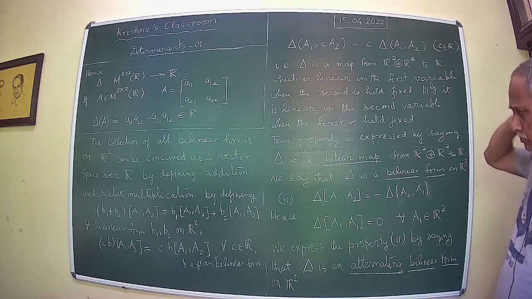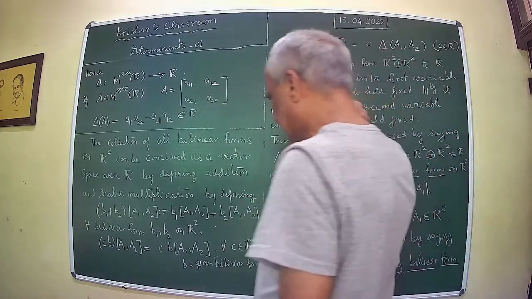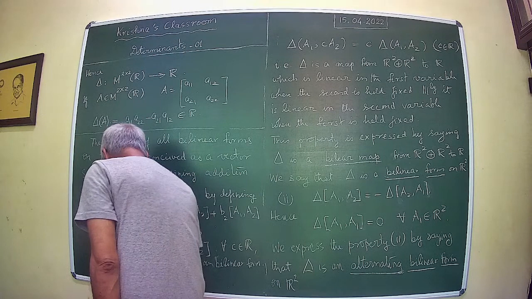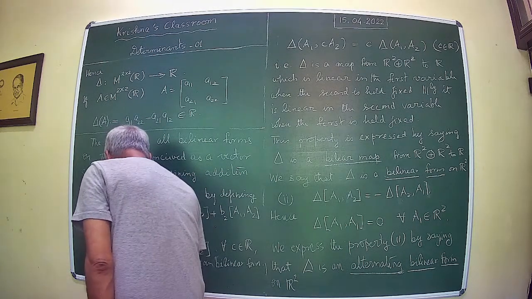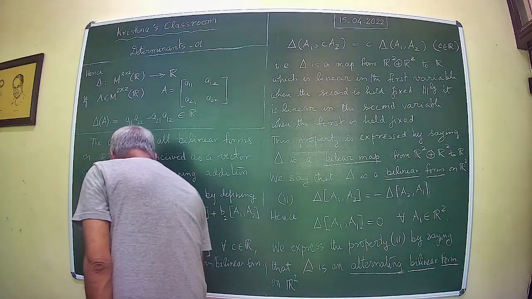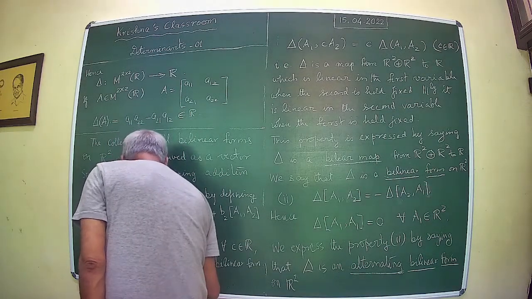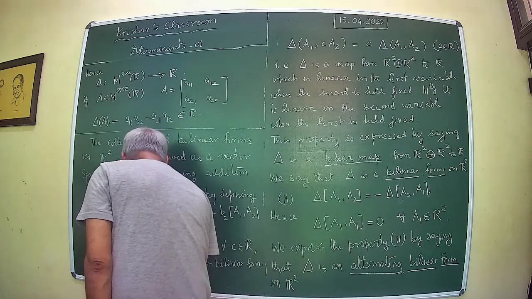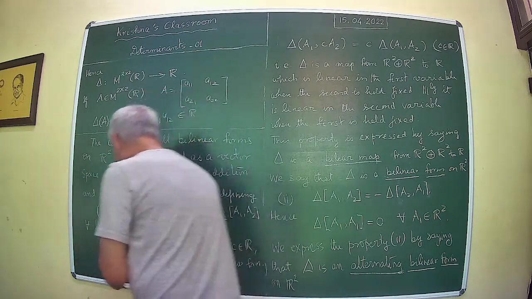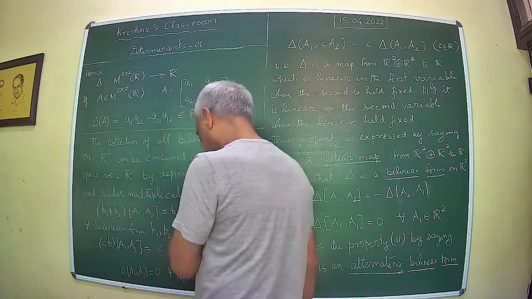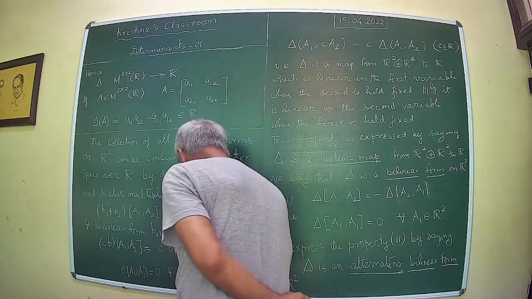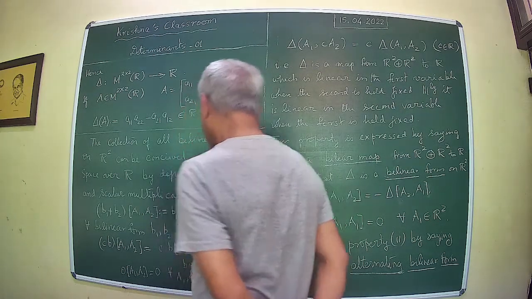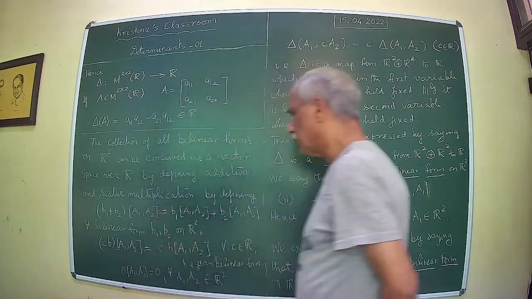The zero bilinear form is the following, that is 0 of A1, A2 is 0 by definition. So that gives the 0 form.